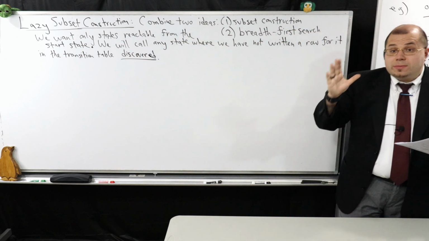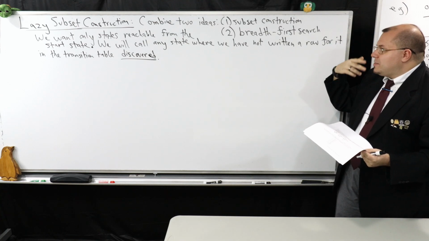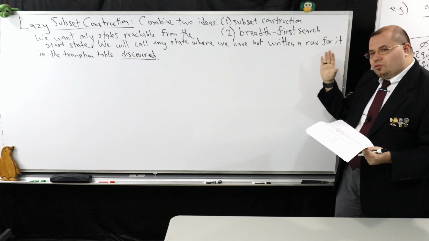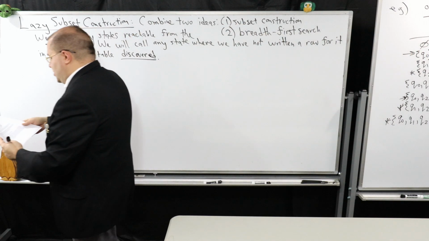I'm going to write this in terms of the transition table. You'll find it's a little easier to think about that way. However, there is a natural graph theoretic way of thinking about this exact process. It's exactly breadth first search.